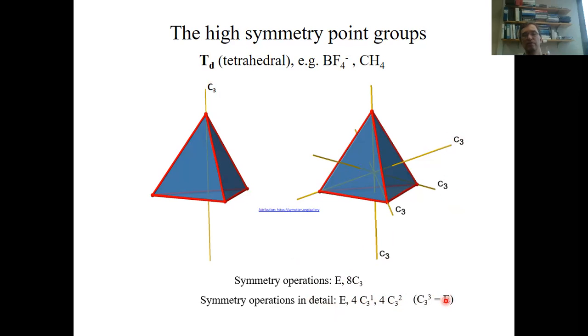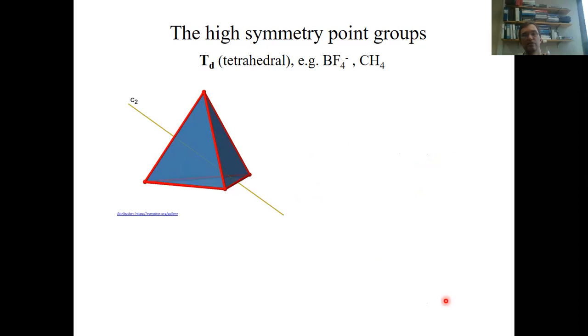Next we can ask, what other proper rotational axes are there in addition to the principal axis? And there are C2 axes in addition to the C3 axes. You see one here.